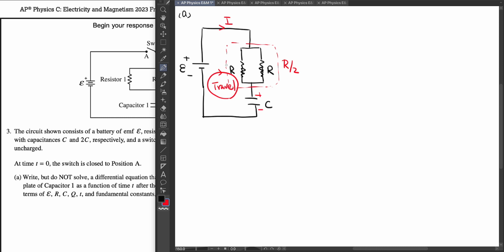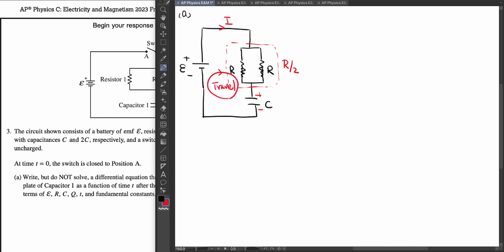If you're not sure about the meaning of the travel direction, you can refer to our app, Physics Master, where we have a discussion of the rule. It basically means that you want to visit every component of the circuit, and the travel direction is the direction you're going.